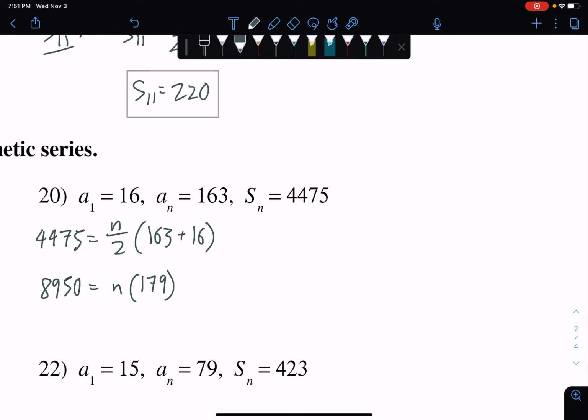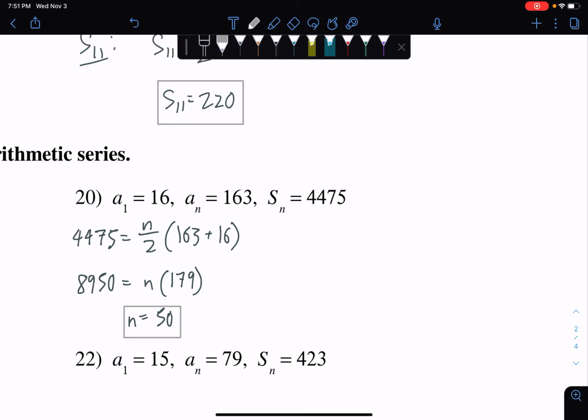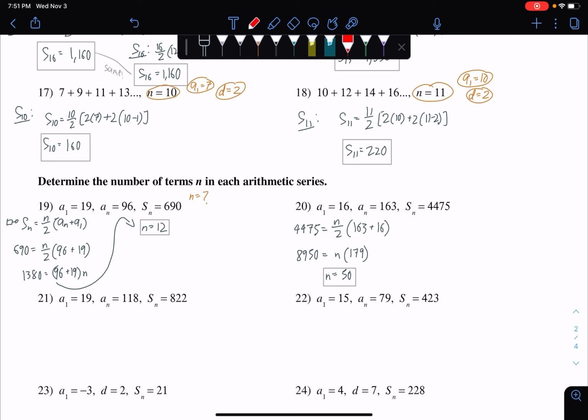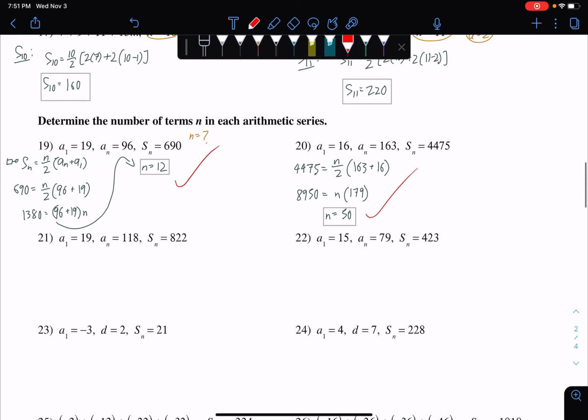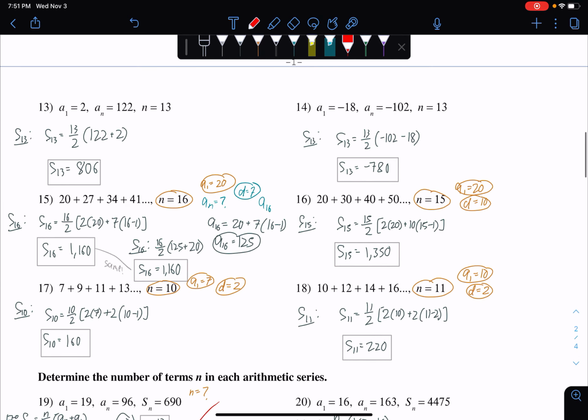So 8950 divided by 179 is 50. So our n is equal to 50. In the answer key below, these are correct, as well as these.